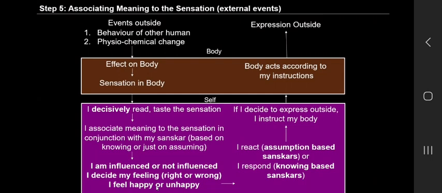And this association, this meaning that I give because of my sanskar, it makes me happy or unhappy. So if I am unhappy, I react inside and I express it outside with the help of body. If this meaning is based on knowing, I respond to it, I feel comfortable within, and I express this outside with the help of my body. So this is how interaction is taking place.